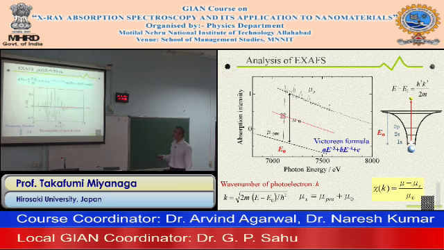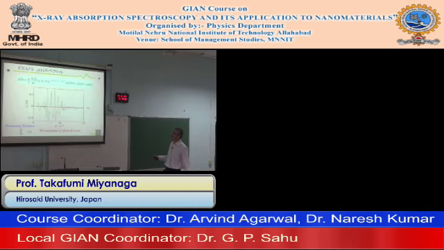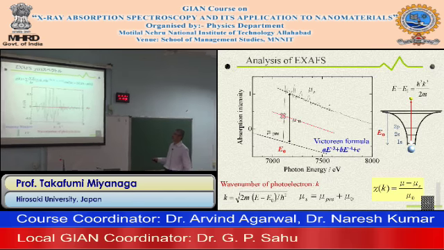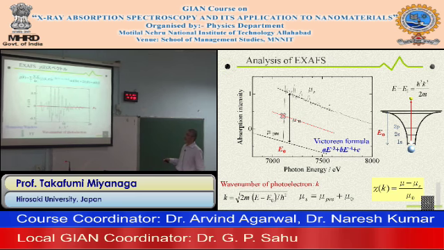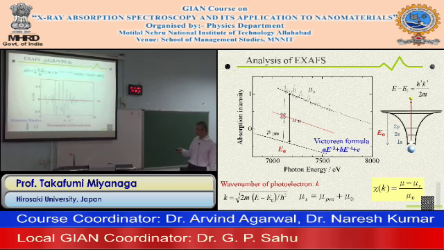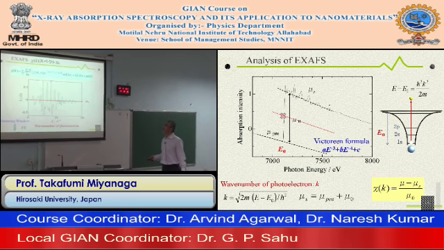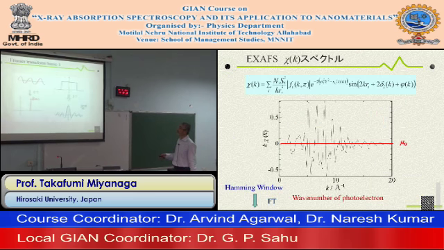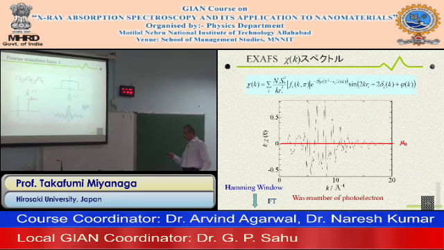And this is a clear EXAFS function of iron bulk. It extends to about 50 inverse angstrom. It includes some structural information. And finally, Fourier transform.